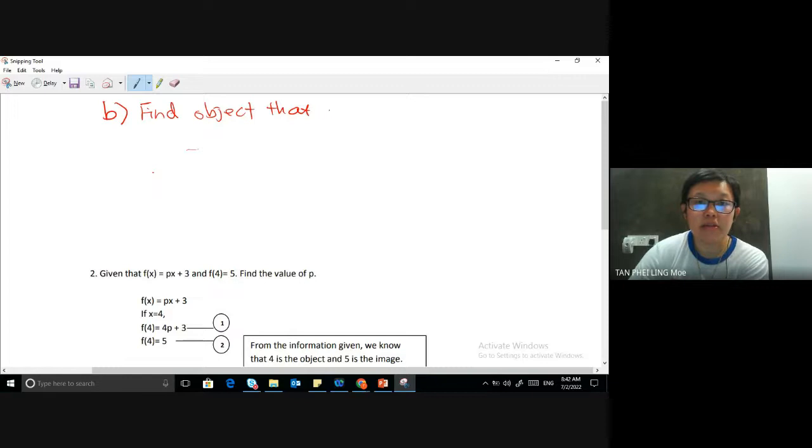Write down, everyone: find object that maps to itself. I remember you saw this before in the textbook. So how do we do that?